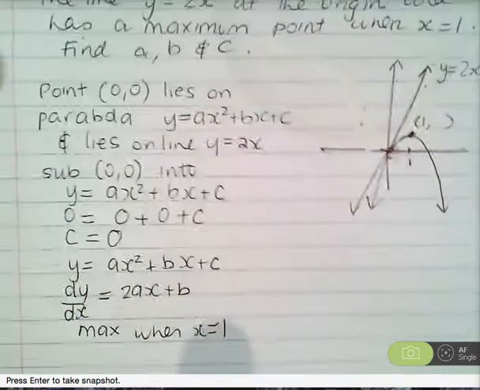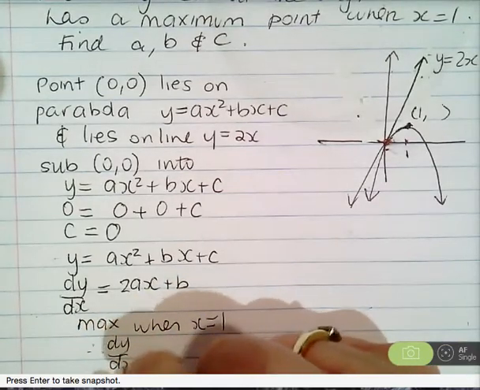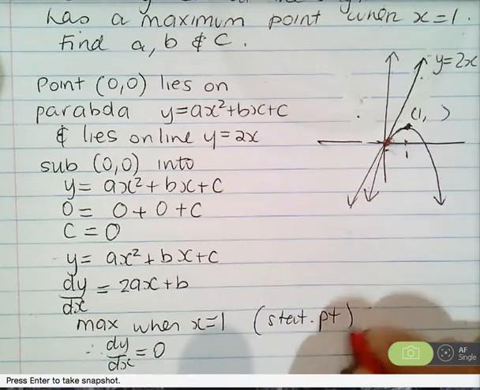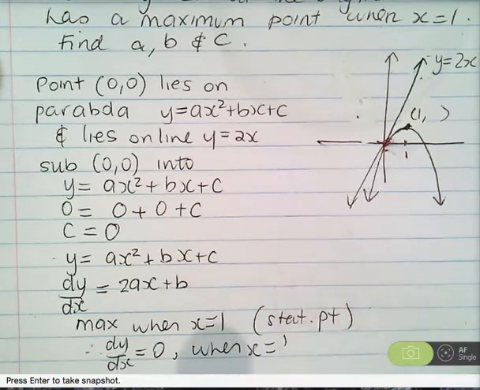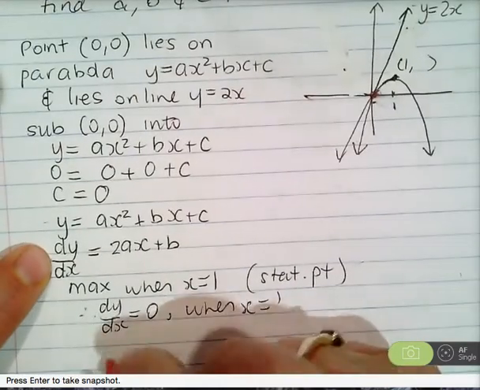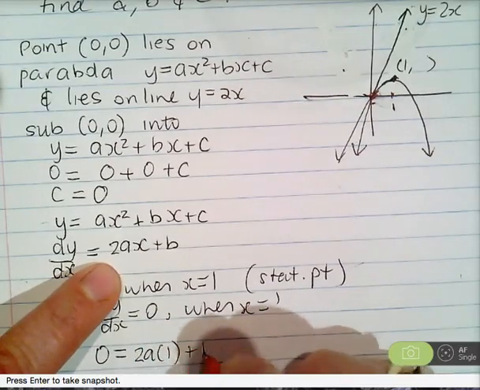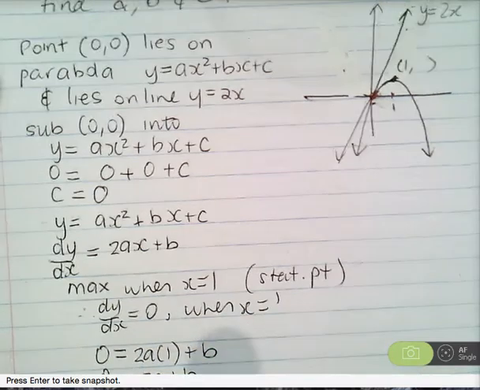Maximum is a stationary point. Therefore, dy dx is 0. So we know that dy dx equals 0 when x is 1. So we can substitute up here. We've got 0 equals 2a times 1 plus b, which is 0 equals 2a plus b.